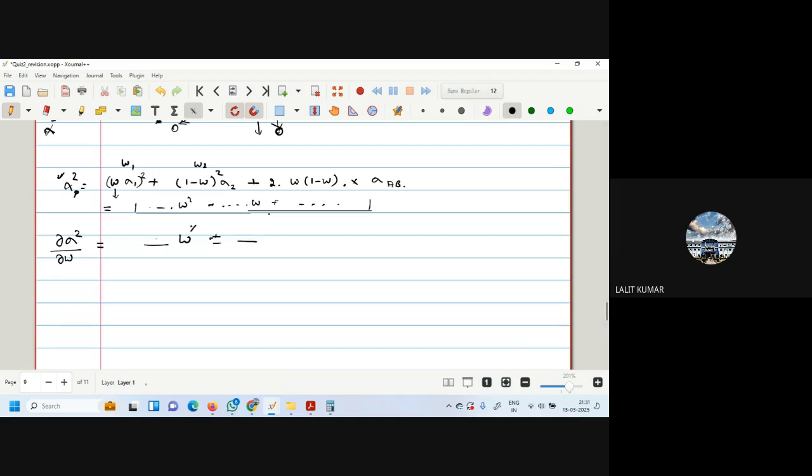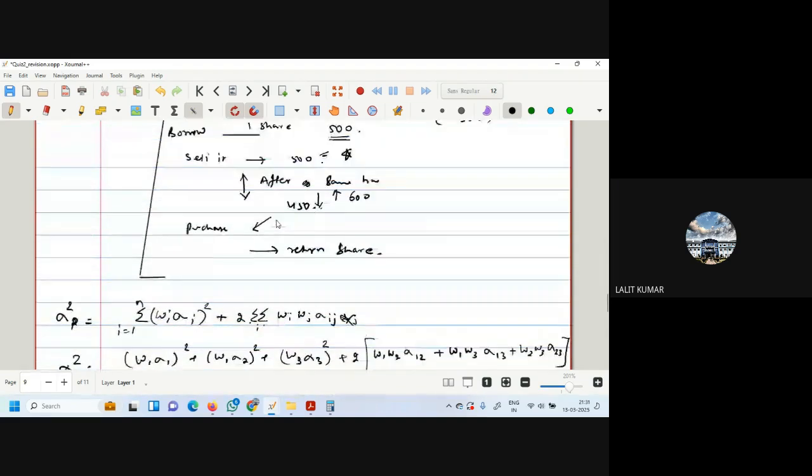From here we get W star. This W star is the weight for asset A which minimizes your variance, and correspondingly W2 will become 1 minus W1 star. There is a formula also for this, but if you forget the formula, you can use this approach and come to the same answer.